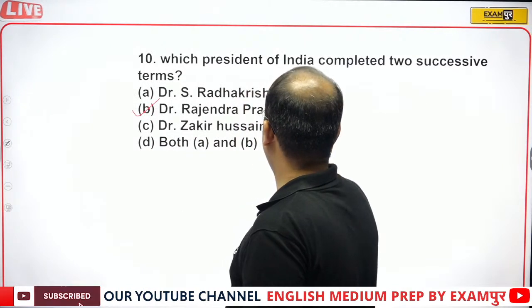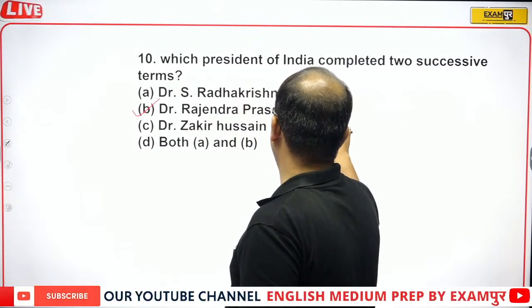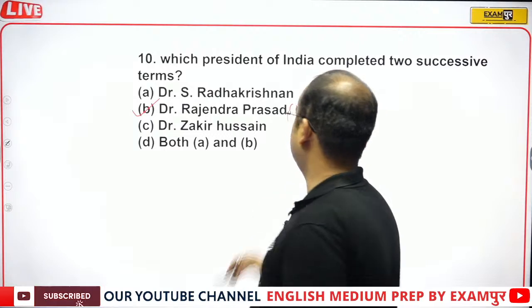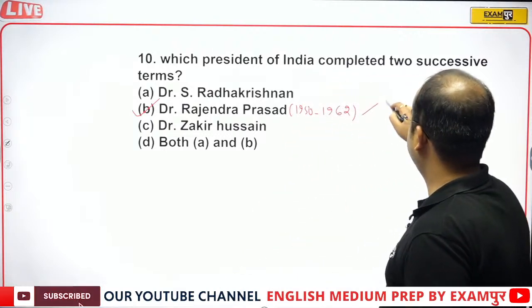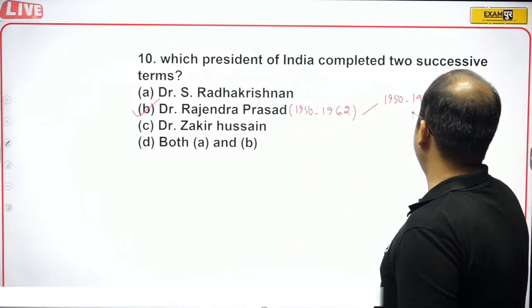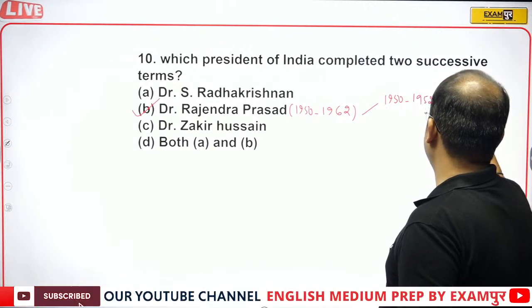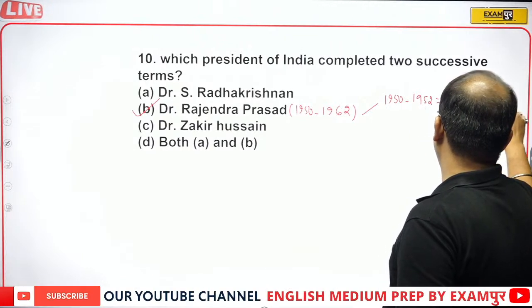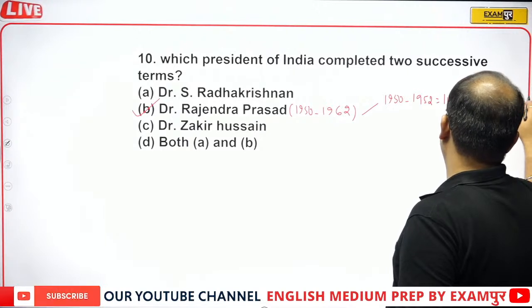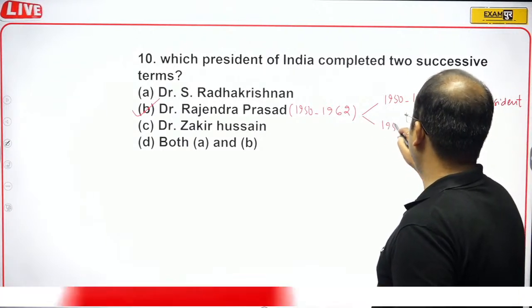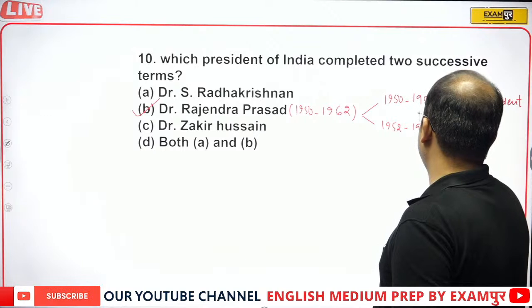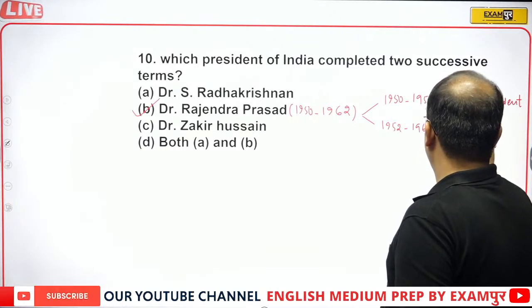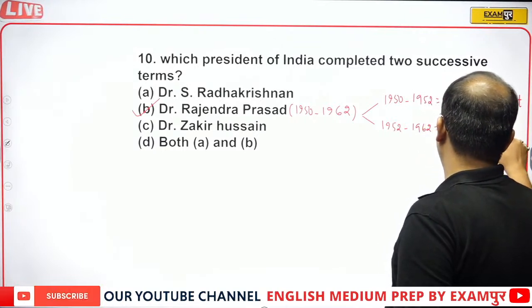That is Dr. Rajendra Prasad, and he was the president from 1950 to 1962: from 1950 to 1952 as an interim president, and from 1952 to 1962 as a regular president.